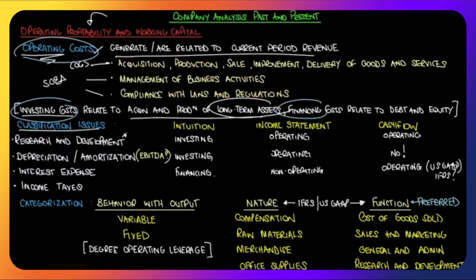Income taxes, well, I don't know. I don't want to look at that as part of my operating profitability because it's really not something I control with my business model. Yes, I will probably engage in sensible tax planning, but I don't want as an analyst to say part of my business model is the taxes I incur.